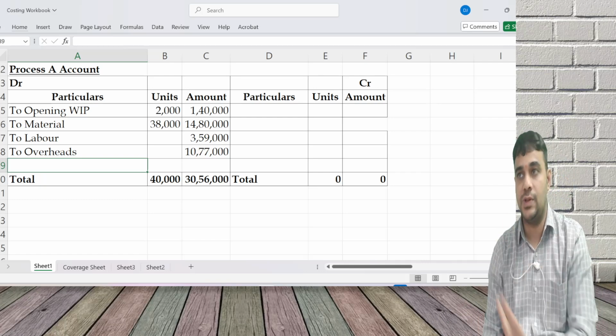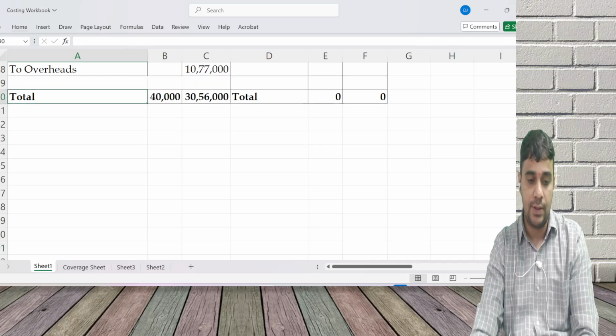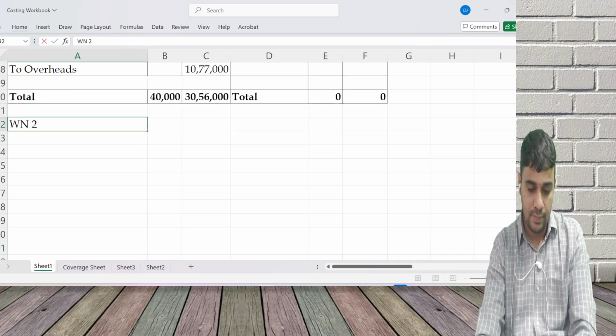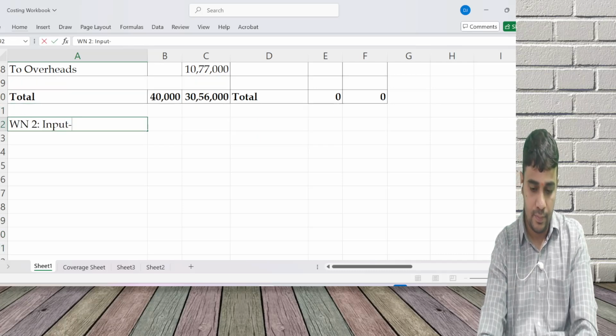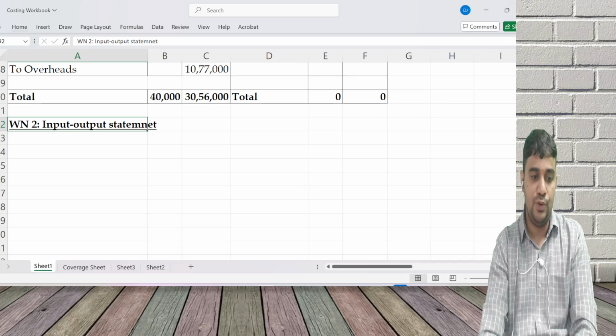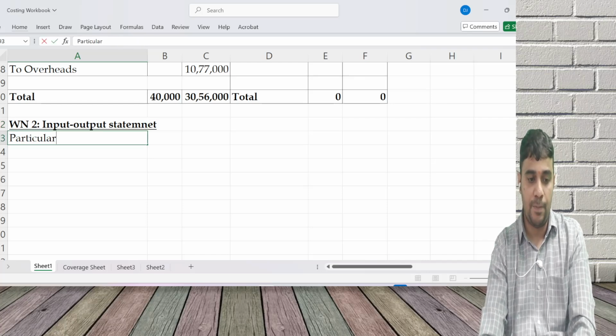Open an input output statement. Particulars and units. Do not have multiple processes now.